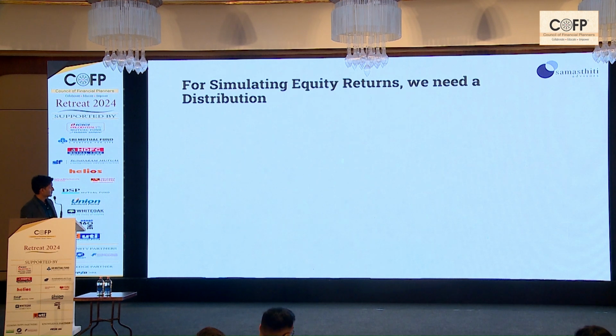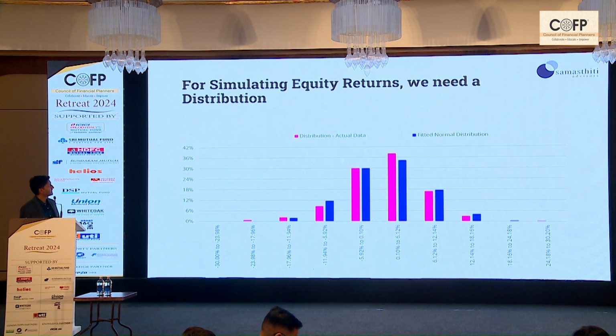So for simulating equity returns, what we did was we took the past 20 years of data. When you are doing a simulation, you need a distribution from which to simulate. So we looked at how equity returns have done, and we fitted a normal curve on it. Of course, a normal distribution will underestimate black swan events.